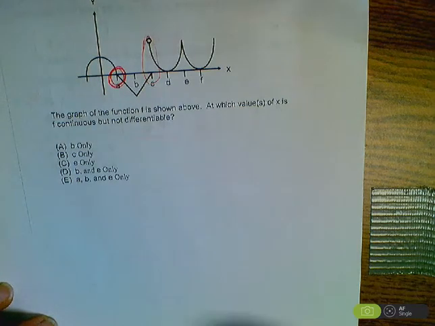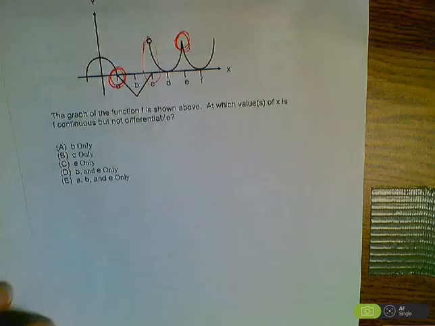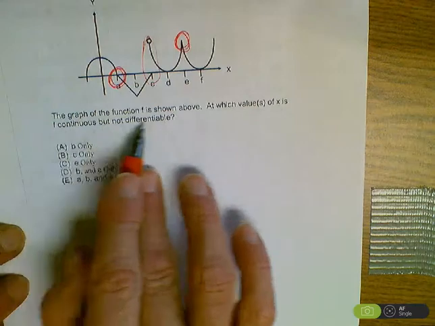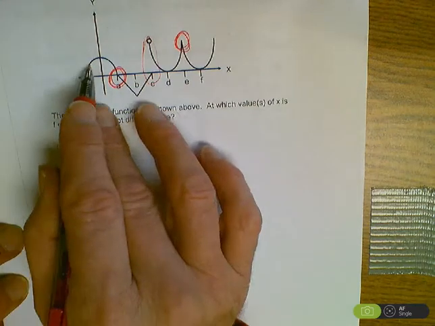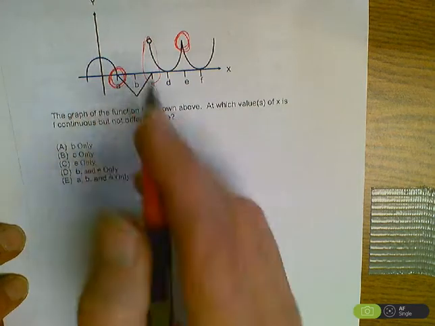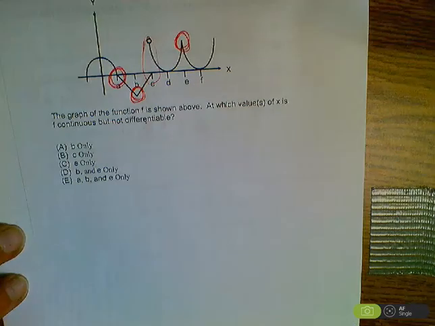Then it's not differentiable here because we have a cusp here. I'm going to say A and E only. What value of x is continuous but not differentiable? So is it continuous here and differentiable? Yes, not here. How about B? Did I forget B as I'm going through it? So I'm going to go A, B, and E. A, B, and E only.